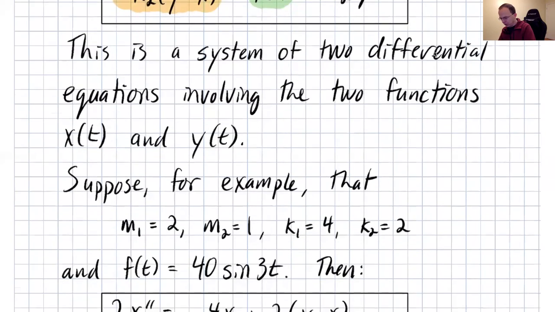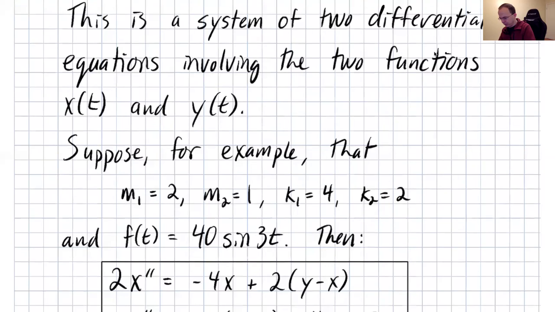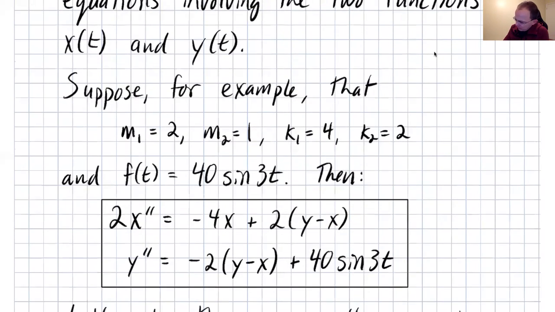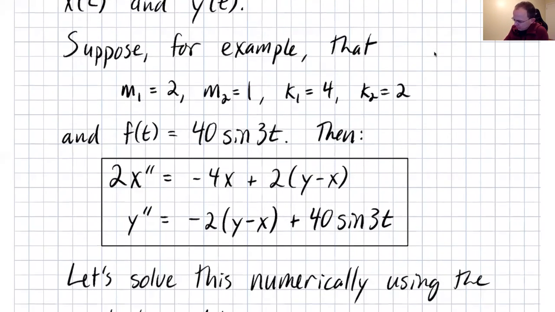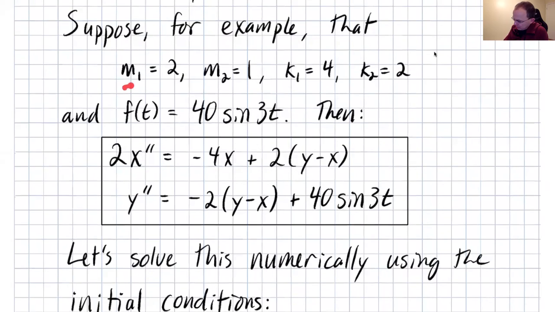To make this more concrete, suppose, for example, that m1 is equal to 2, m2 is 1, the spring coefficient for the first spring is 4, and the spring coefficient for spring 2 is 2. And then we'll assume that the external force is an oscillating force with amplitude 40, and its period is going to be 2 pi over 3.